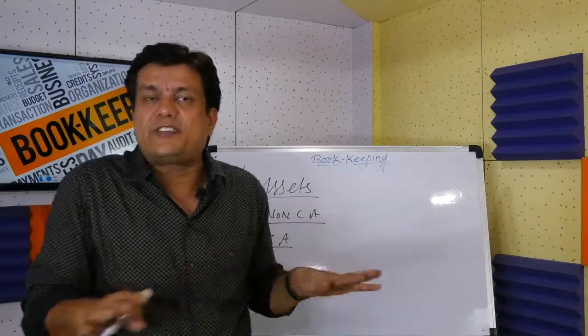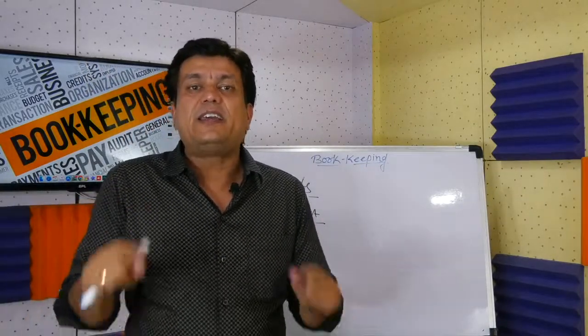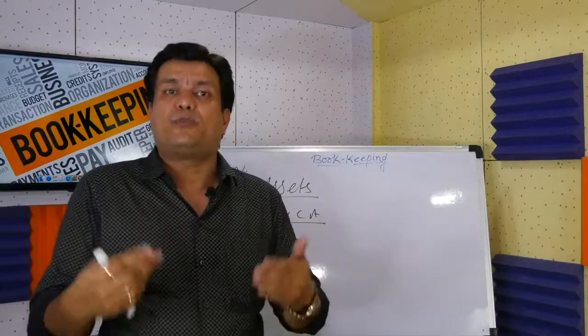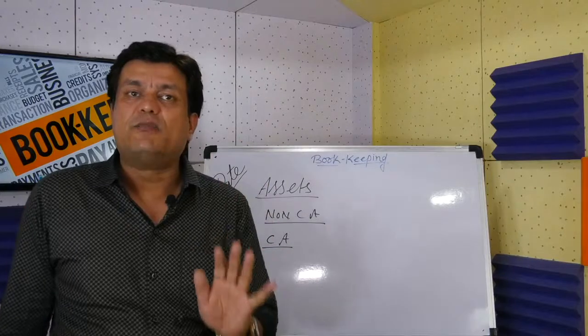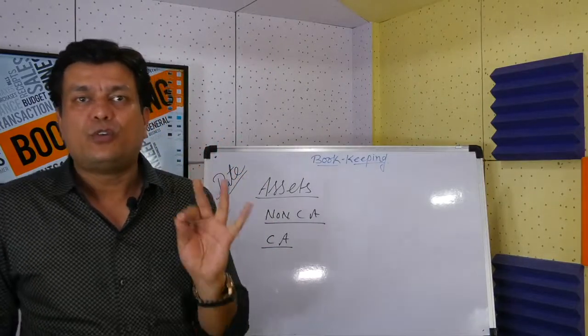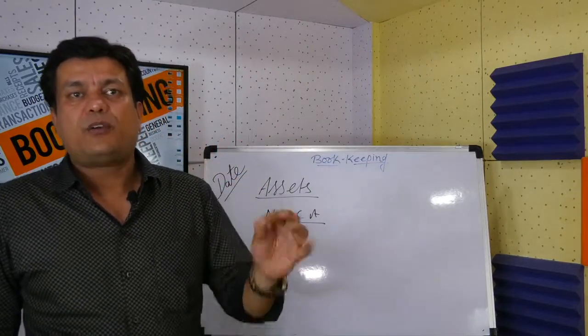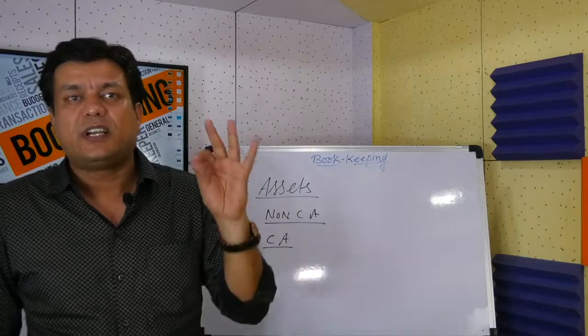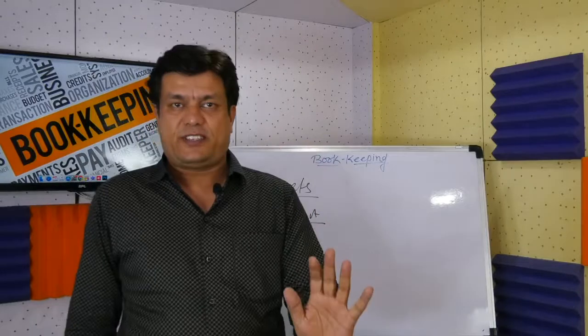It has no connection with business operation. Then such withdrawal of cash, even goods if you withdraw for personal use, that is termed as drawings. कुछ भी business से personal use के लिए आप निकालेंगे, any financial resource, consider as drawings.